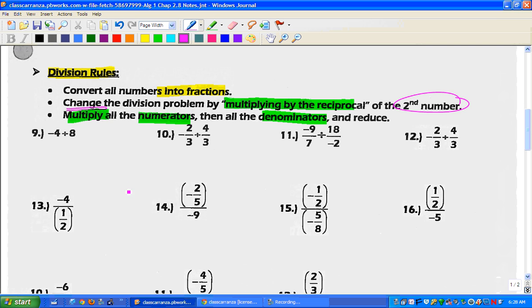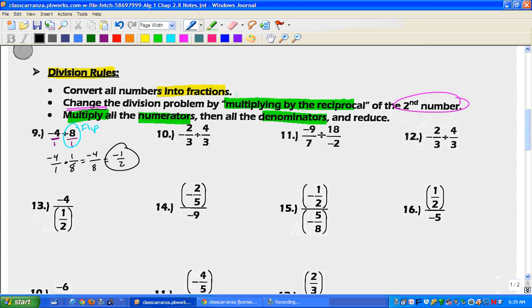Okay, so let's practice. We have to change everything into fractions. We're going to flip the second fraction, so the first one stays the same, changing it to multiplication, and then flip. And now you multiply the numerators and the denominators, and then reduce.